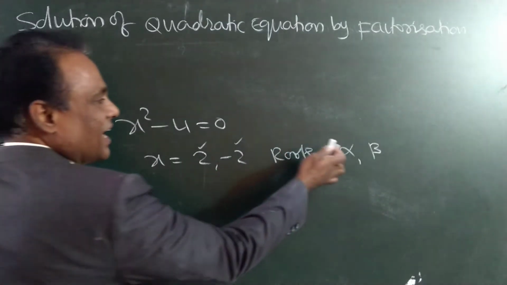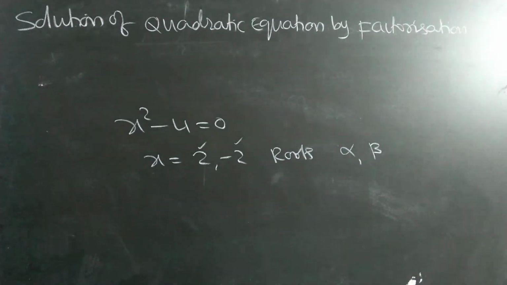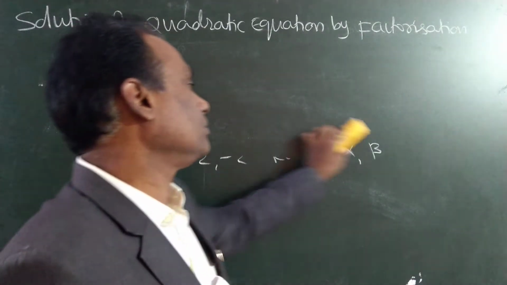One root is denoted by alpha, the other root is denoted by beta.